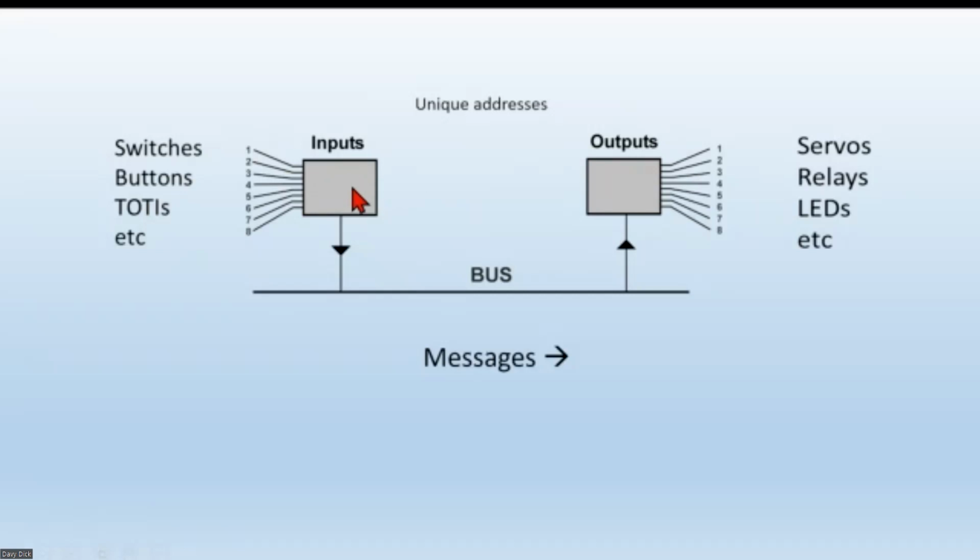You can have more than one input module and more than one output module, and therefore they all have to have individual unique addresses. You communicate between the input and the output by sending messages rather than having hardwired connections. There's only 2 wires that have to run around your layout. That's what we discussed in part 1.